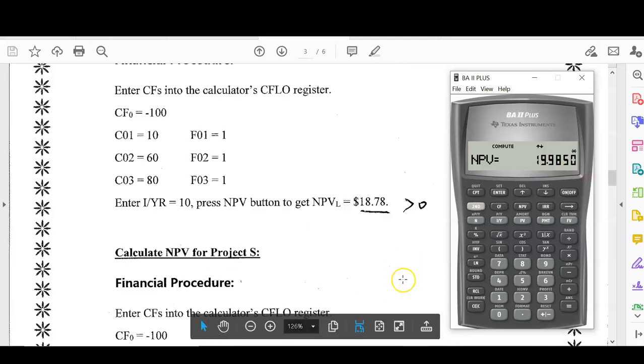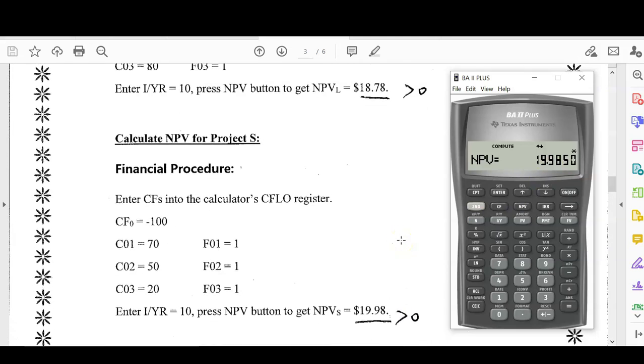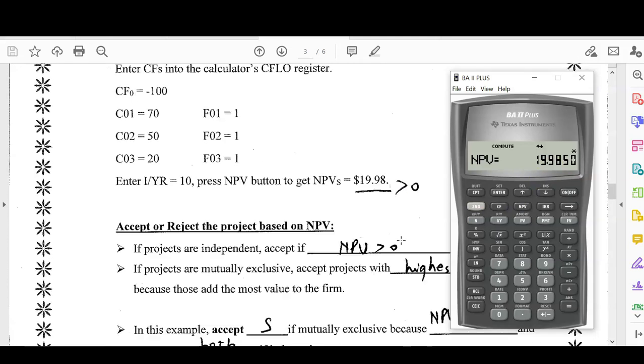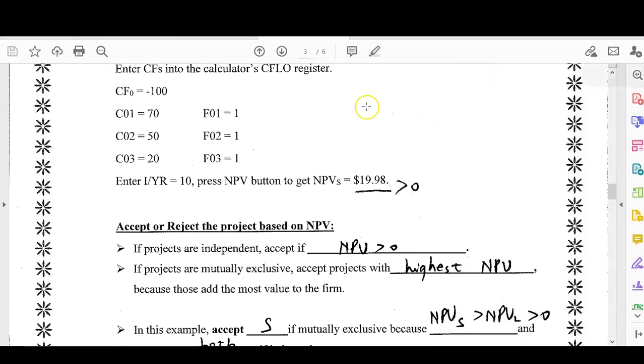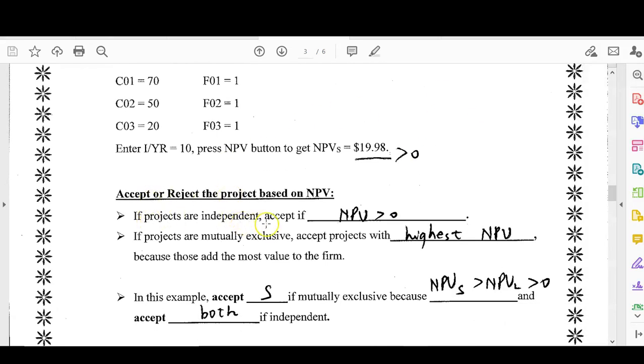Okay, it's also positive, so we know that if the two projects are independent, we would accept if NPV is larger than 0. If projects are mutually exclusive, accept the project with the highest NPV, because it adds the most value to the firm.